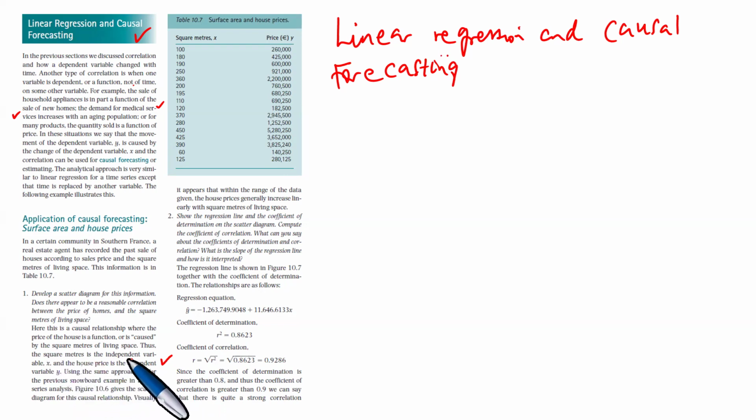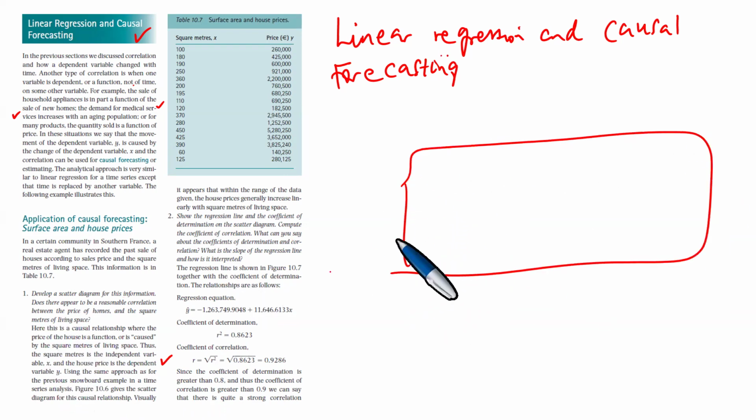So the more space you have, the higher the price of the house. Using the same approach as for the previous time series example, figure 10.6 gives the scatter diagram for this causal relationship visually. It appears that within the range of the data given, the house prices generally increase linearly with square meters of living space.